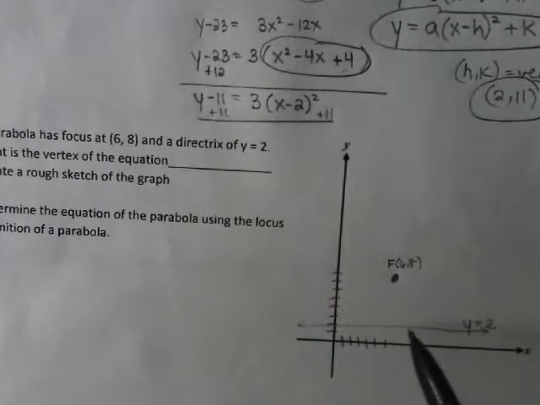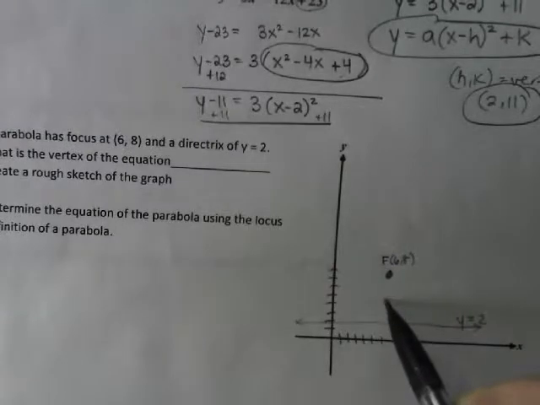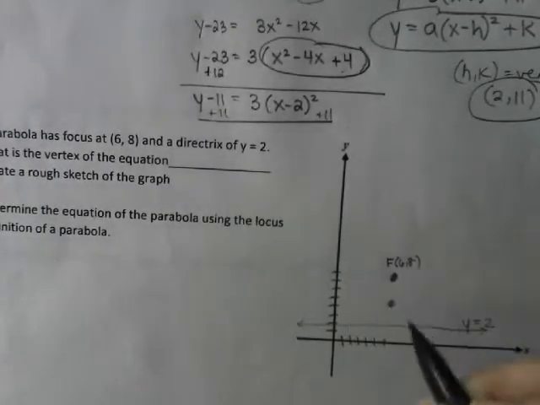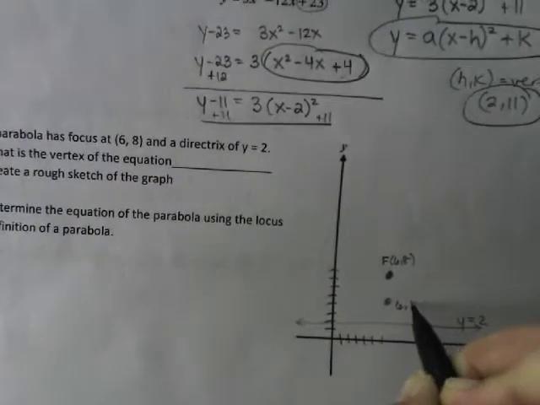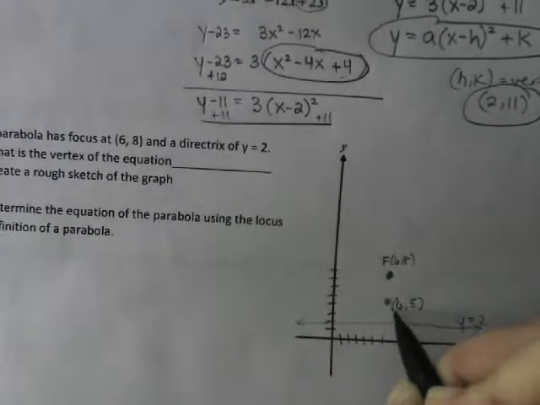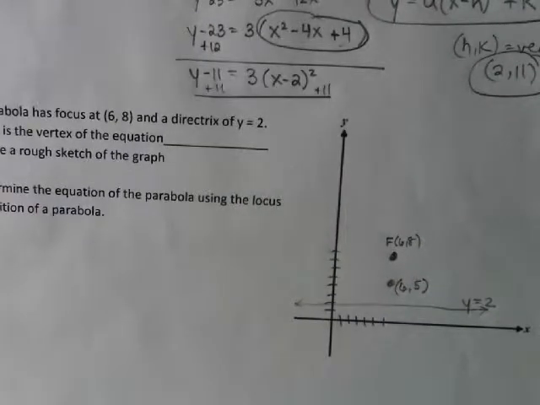So halfway between 2 and 8 would be right at 5. So our vertex is going to be right in here at 6, 5. Okay. Does this parabola open up or open down? Up.